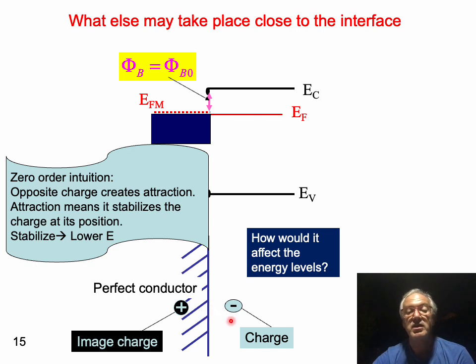And from that we can deduce that we should expect that the energy of the electron, which is represented by the conduction band, would be lowered because of this image charge. What we'll do next is we'll try and put some numbers and formulas to see how it is really being lowered and what shape is being formed.